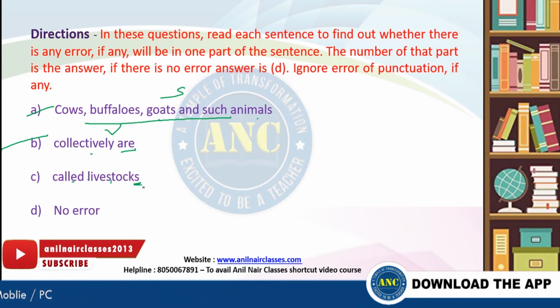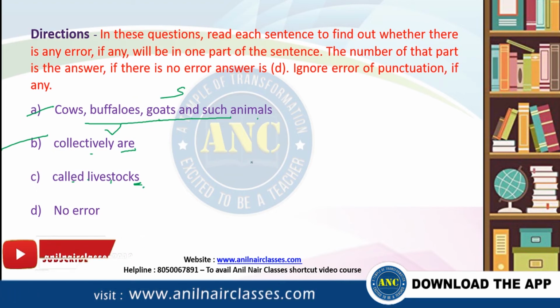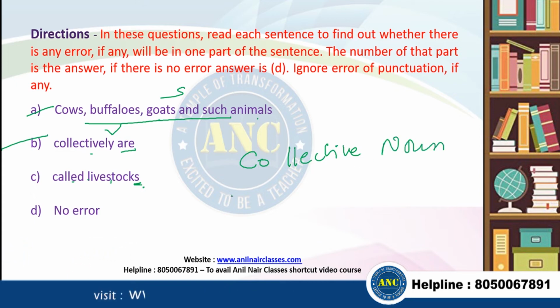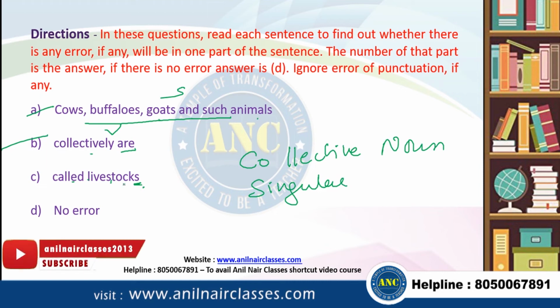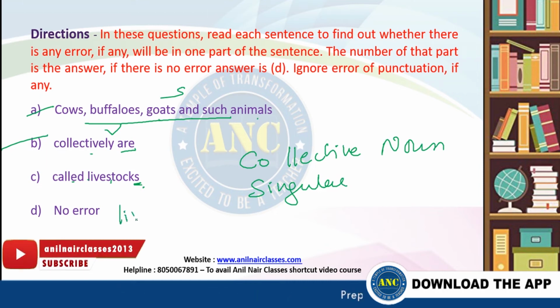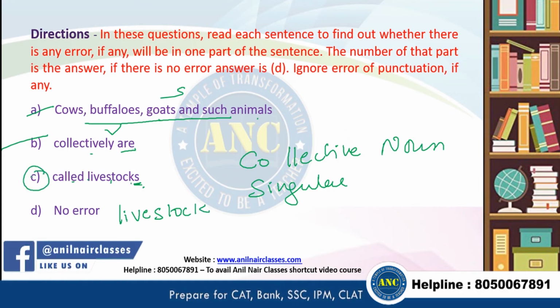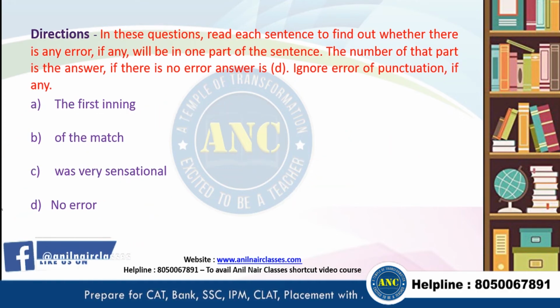Livestock is always present only in the singular form because it is a collective noun. Collective nouns are present only in the singular form. So there is nothing called livestocks. The correct form is livestock. So this is the error. We can get rid of it.